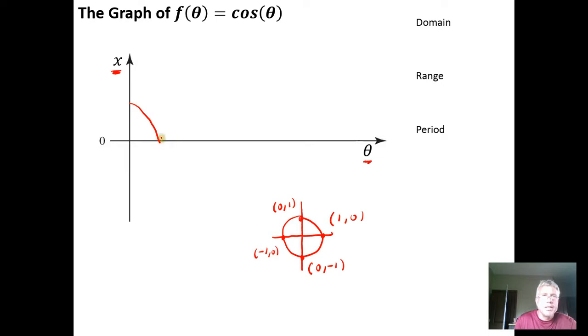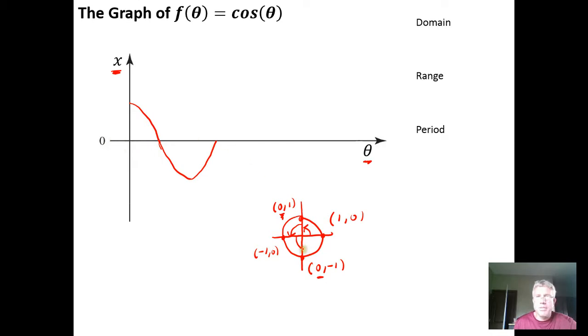And at the 90 degree mark, we have an x-coordinate of 0, so we'll be on the theta axis where x is equal to 0. And as we continue to rotate, x is going to hit a low point at -1, and then we rotate back through. X is going to be at 0 again, so I have to come back to the theta axis where x is 0.